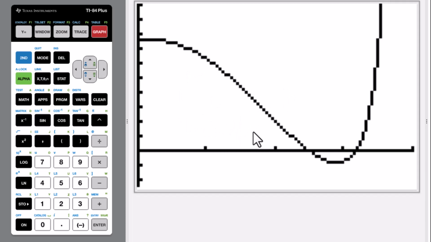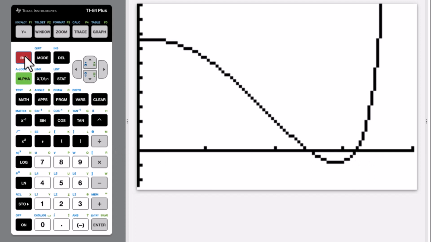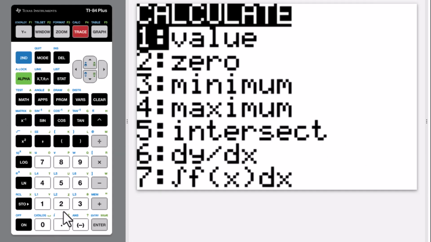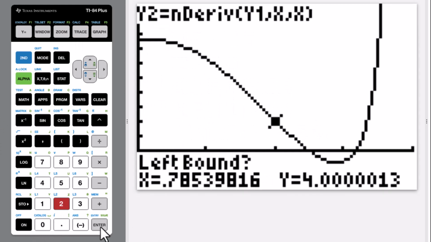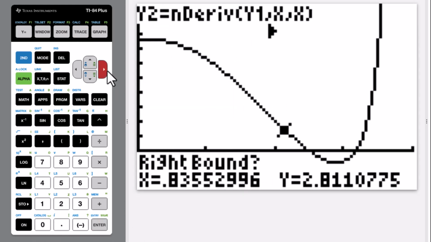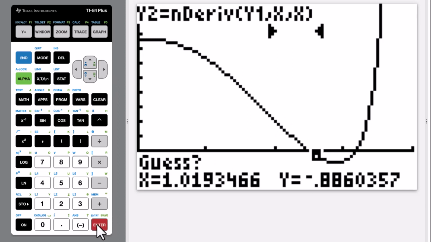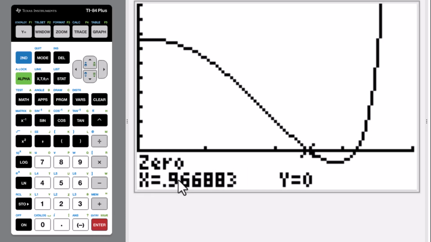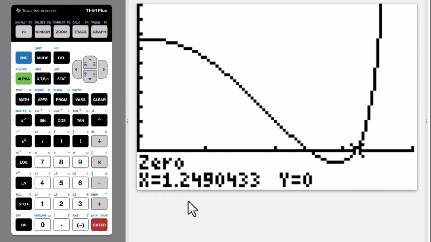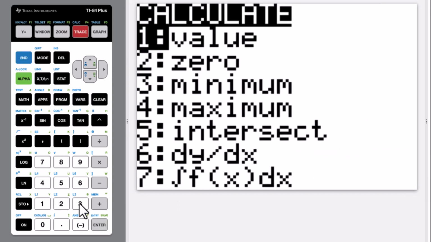From this graph, we can see there is a maximum value here, a minimum value here, and 2 x-intercepts. Second trace, go to x-intercept first. Enter. Move the cursor to the right side of the x-intercept. x1 equals 0.967. We get the second x-intercept. Second trace, minimum value first.